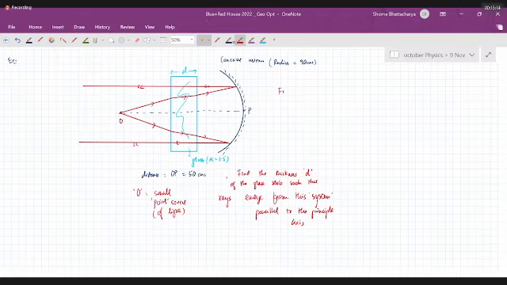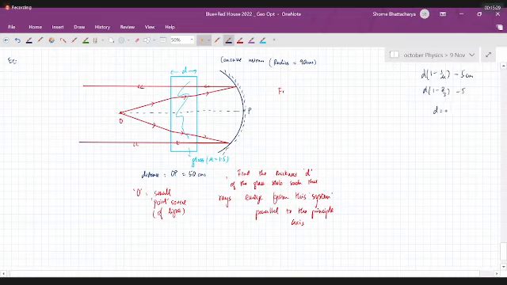Okay, Tanish, let me check your answer. So basically what we want is this quantity should be equal to, I think, 5 centimeters, right? No, I think the answer is 15 centimeters. The thickness should be 15 centimeters.